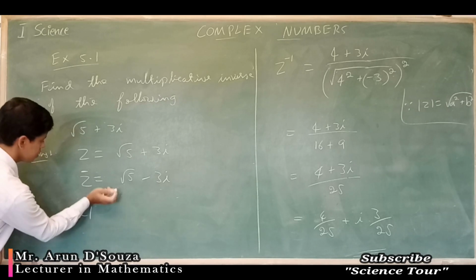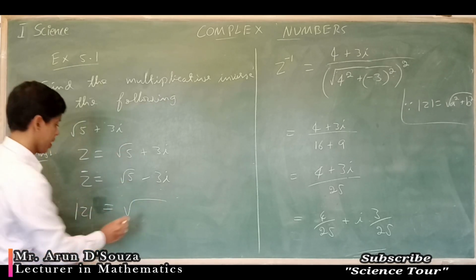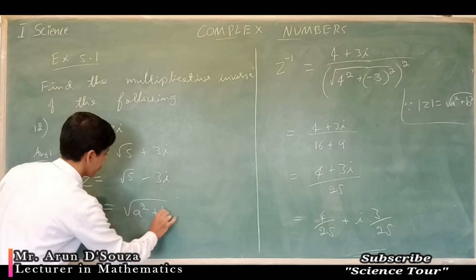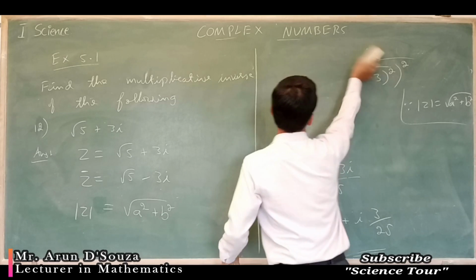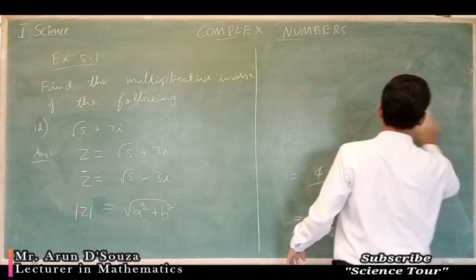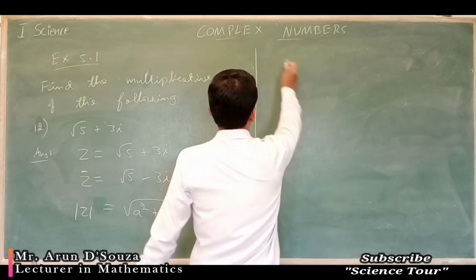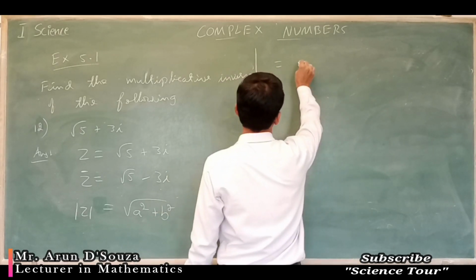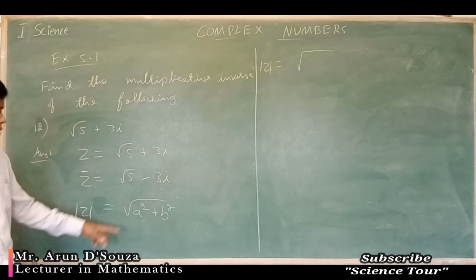Then mod Z square. So what is mod Z first? Square root of a square plus b square. I'll write the formula for you. Now replace a.